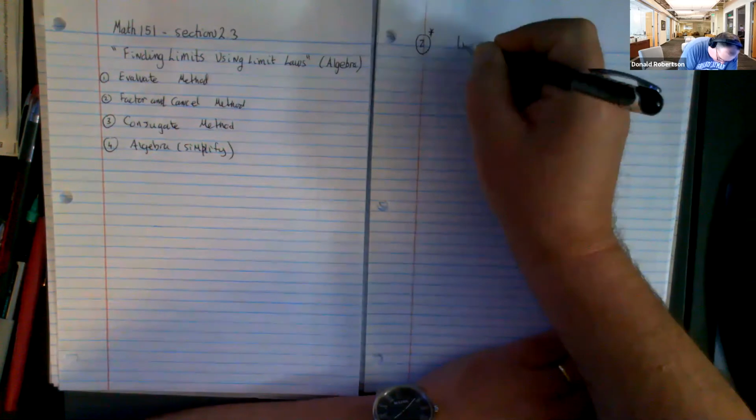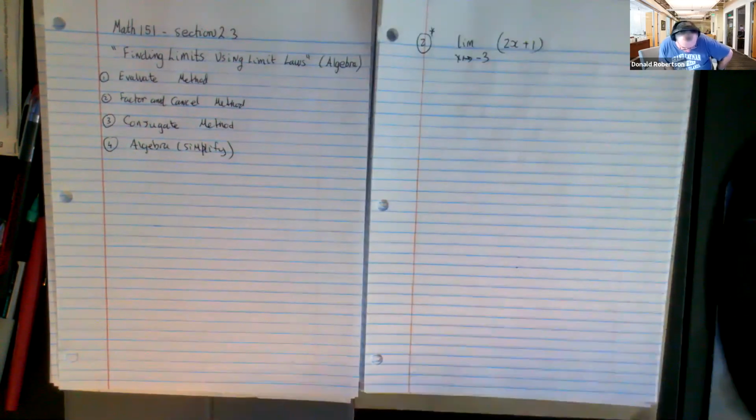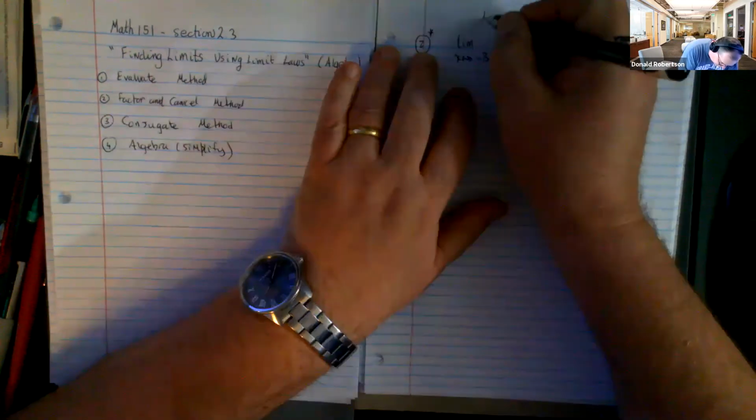This one is similar to question 2, and we're being asked to find the limit as x tends to -3 of 2x plus 1. And yes, this question is so silly, it's almost not worth being asked, but it's there for completeness.